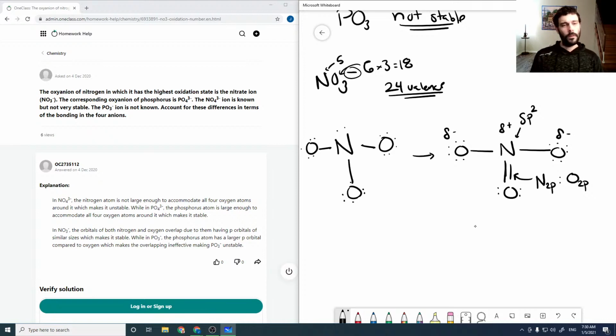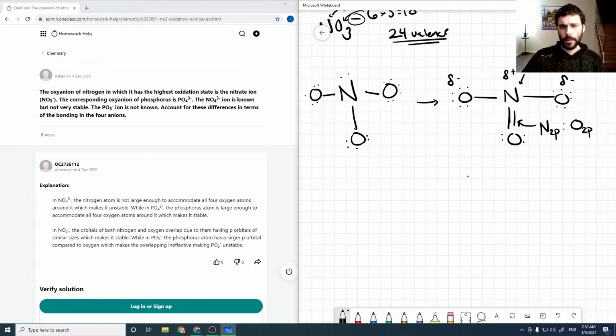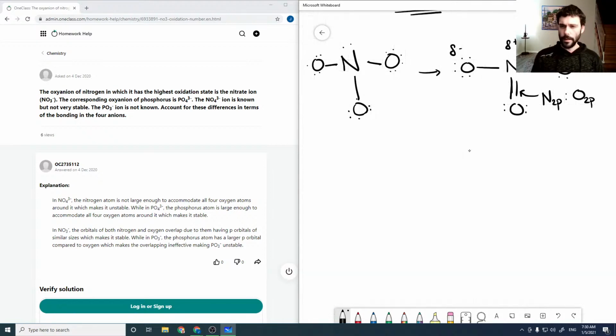And so already we can see why PO4 might be tricky. So PO3 minus, sorry, PO3 minus would be phosphorus, oxygen. So just drawing the same structure again.